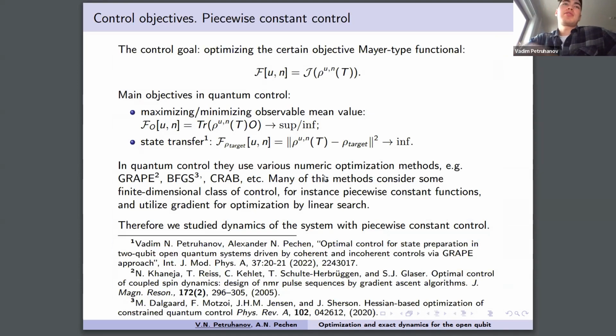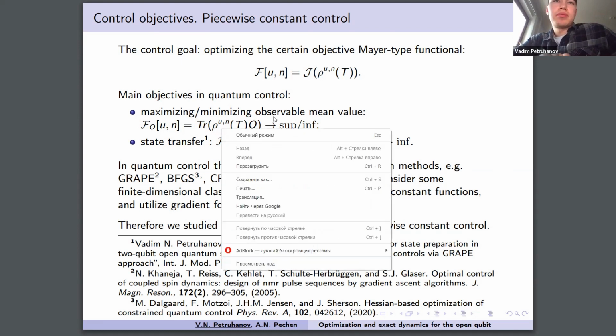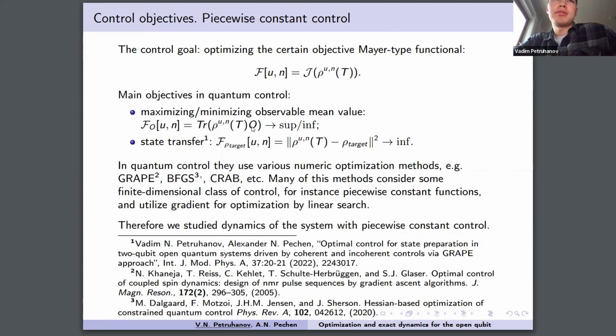And our control goal is to optimize some kind of Mayer-type functional that depends only on the final state of the system. And the main kinds of these objectives are maximizing and minimizing an observable mean value. So we have the trace of the density matrix rho multiplied by the observable O, and we want to minimize or maximize it.